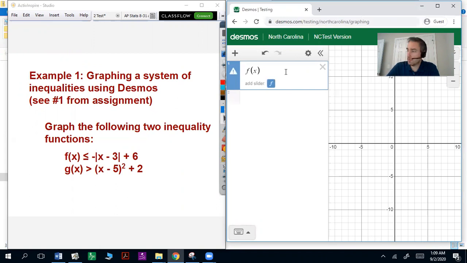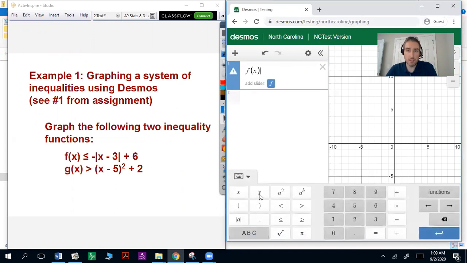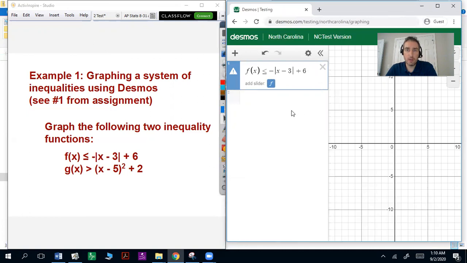And to get a less than or equal to, you can either go down to here and type it in, or you can manually do shift and the comma and then hit equal to get that bar underneath. You do the negative absolute value, x minus 3. Hopefully you're good at typing in an absolute value now, plus 6. And that will be our inequality.